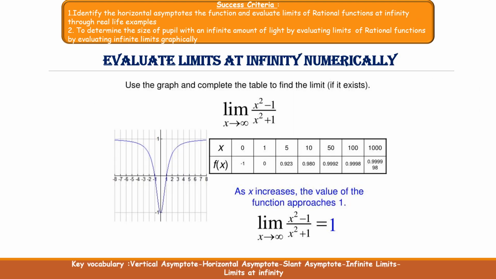So look at this one. How can we evaluate the limits when x is approaching infinity? Remember, infinity means that we need a very big number. Infinity means after the 0, we have to write numbers which are increasing.